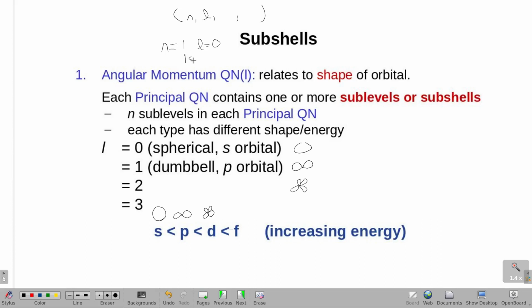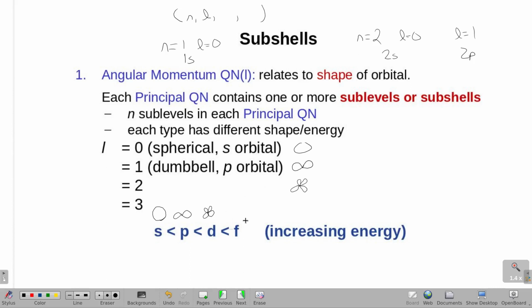We actually say 1s. But when n equals 2, we can have 2 of these. We could have an l of 0, and we can have an l of 1. So there are 2 s orbitals, and there are 2 p orbitals. There's not 3 d, because we only have 2 orbitals on that second shelf.